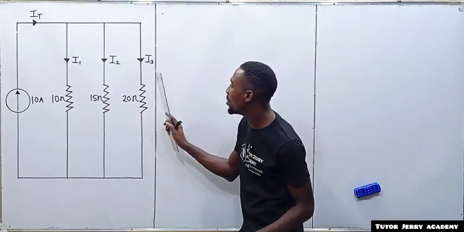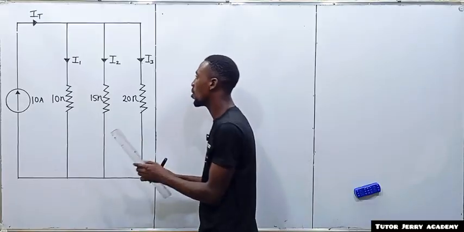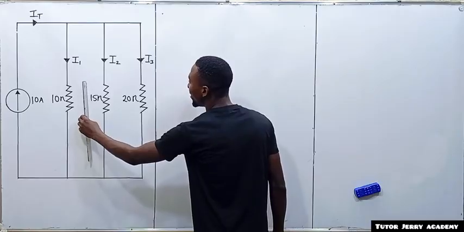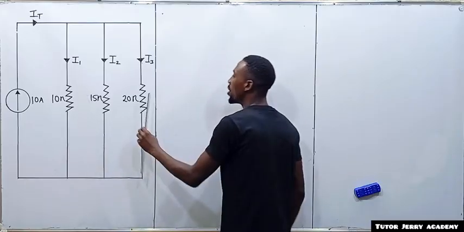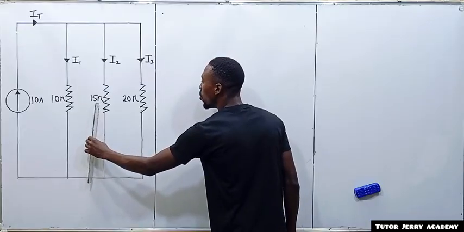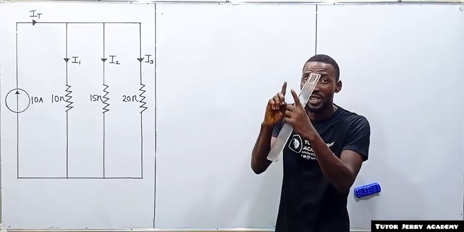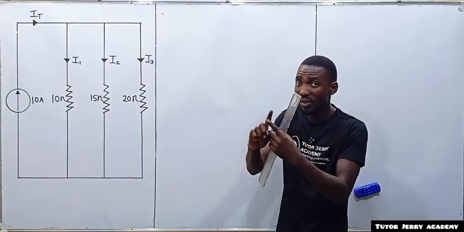Since we want to find I1 first, we know that we are going to pick this resistor. Now we know that this 15 ohms and this 20 ohms are in parallel, so we are going to resolve them into one resistor. Is that clear?